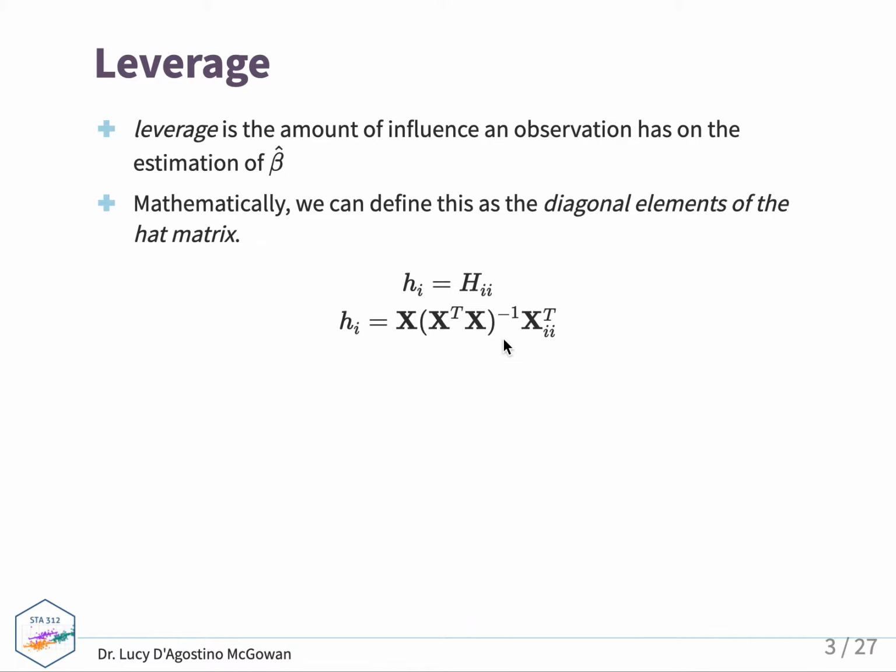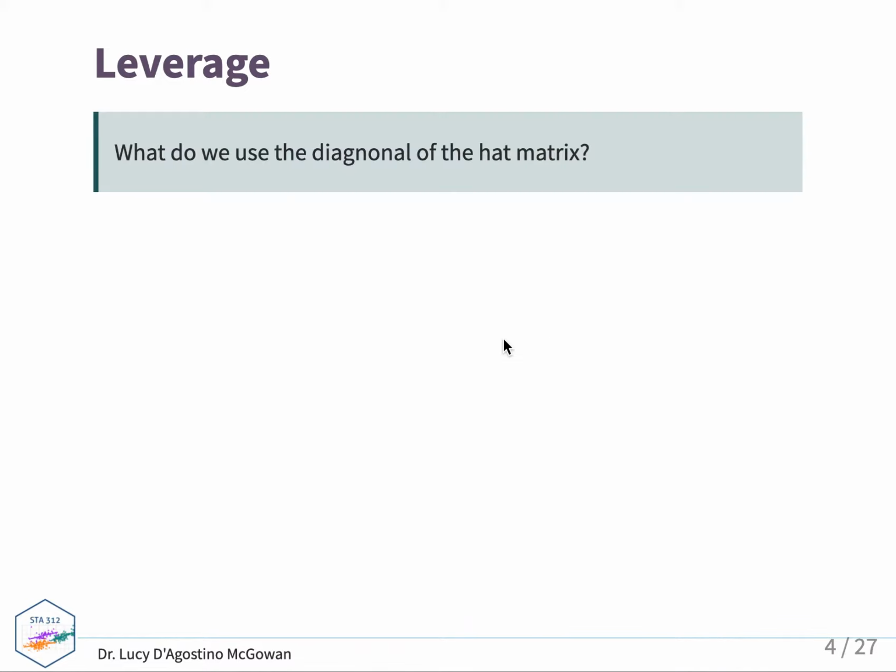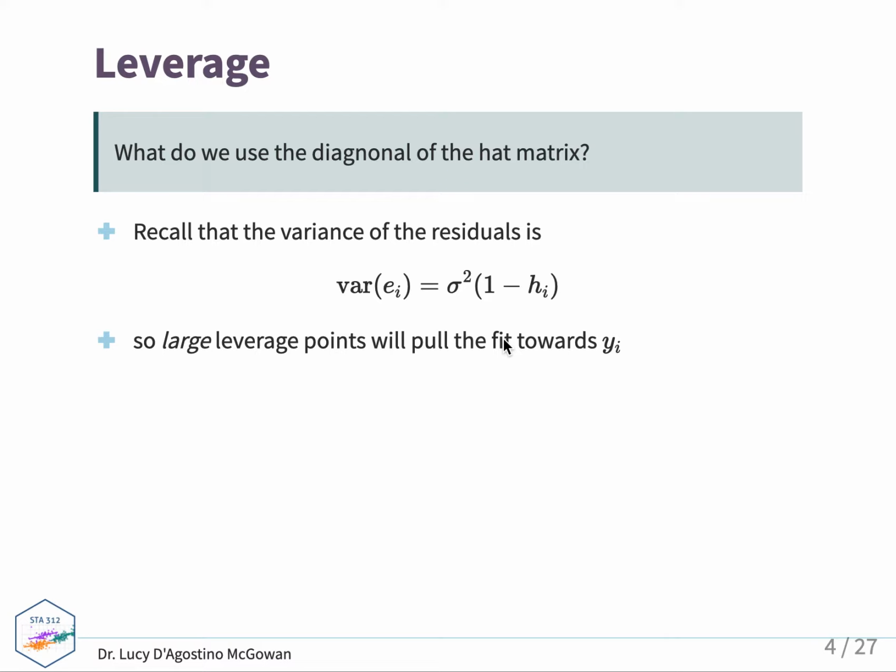and so on. So why do we use the diagonal of the hat matrix for this? Well, if you remember the variance of the residuals, we talked about this in the last class, the variance of the residual for observation i is going to be sigma squared times 1 minus h_i. So h_i is this exact leverage, that diagonal of the hat matrix.